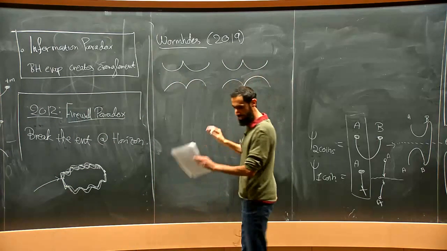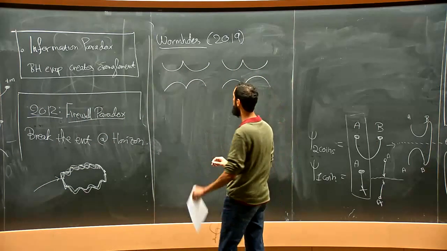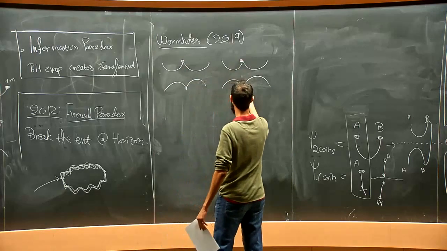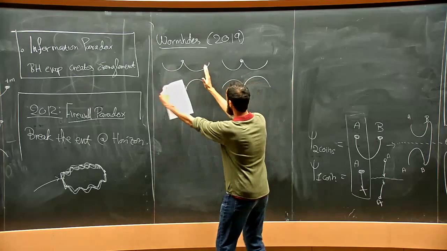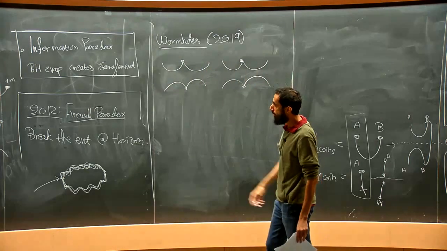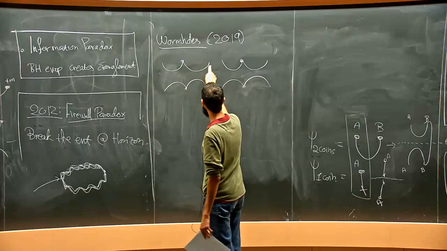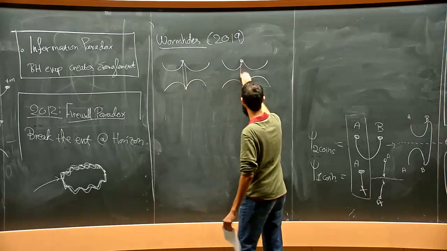Again, I'm just going to give you a glimpse of what the calculation is. I'm not expecting everyone to understand this, but I have to do this. So here was the black hole. We copied it this way, but now we copied the entire thing this way. So Hawking's calculation is what I outlined before. We want to compute the entanglement of these outside guys. You draw these two lines inside.